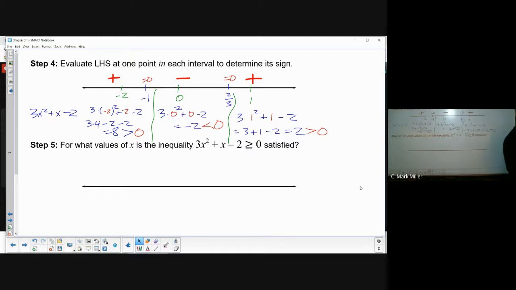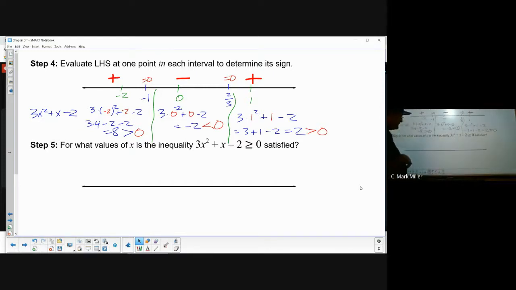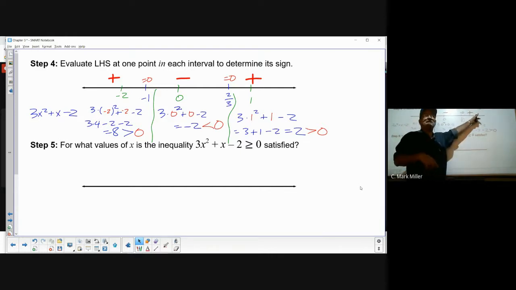I need places where it's greater than 0, or I need places, in this case, where it equals 0. So I see it's greater than 0 out here. It's equal to 0 at minus 1. Negative in the middle, so that's not going to be part of our solution set. Equal to 0 at 2/3. Positive after that.